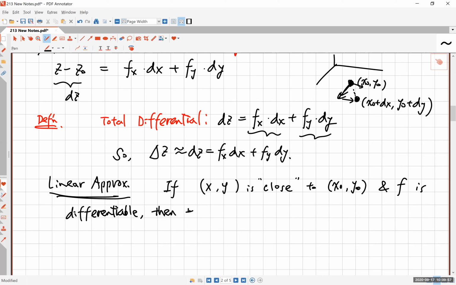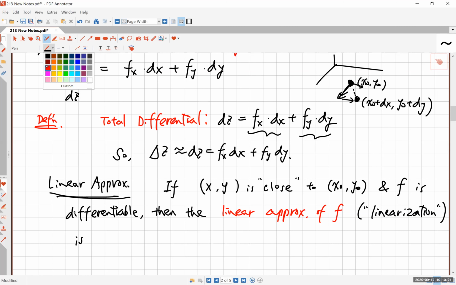then the linear approximation of f, and sometimes it's called the linearization of f, is, and here's the formula.